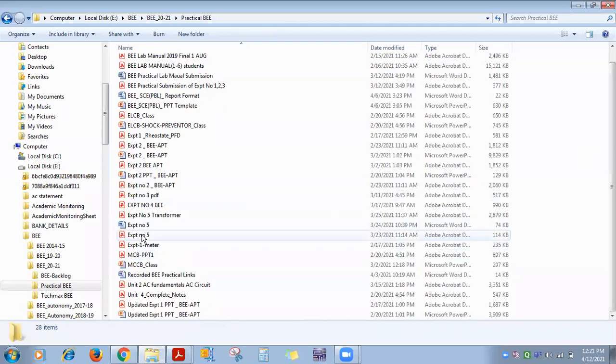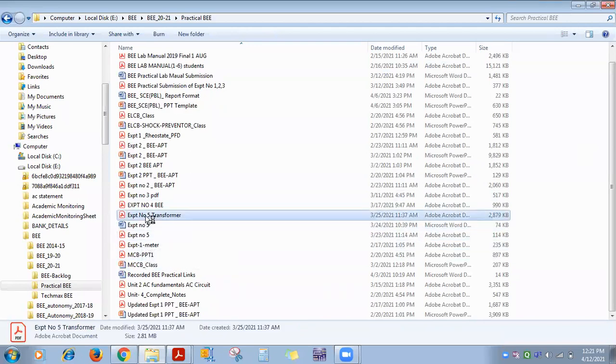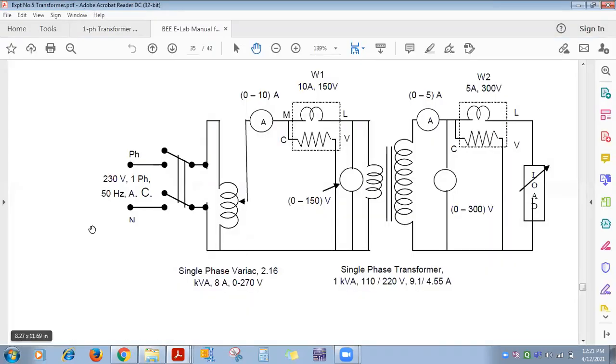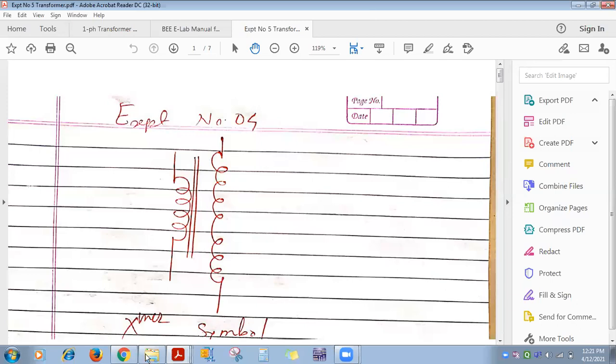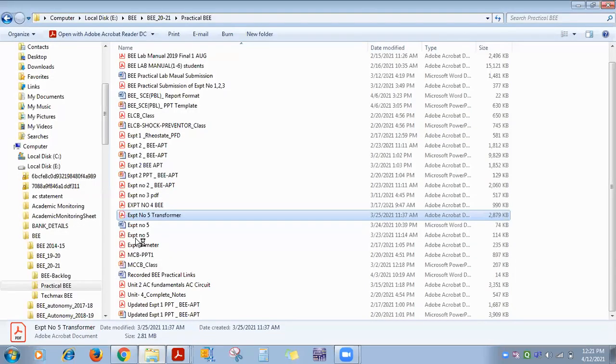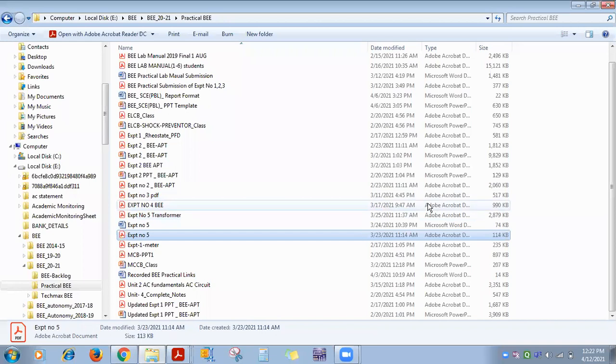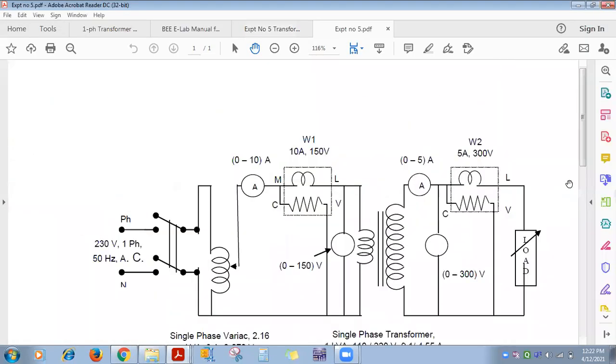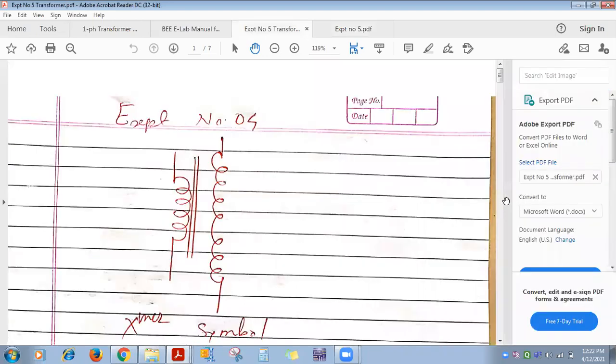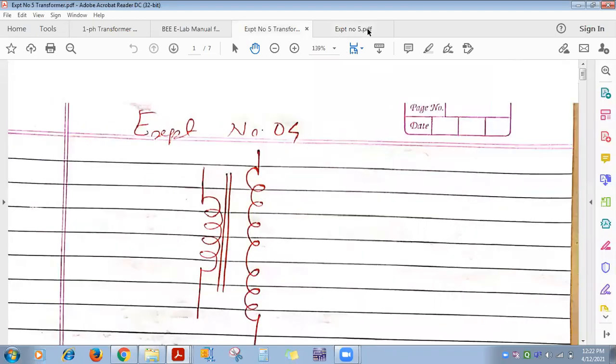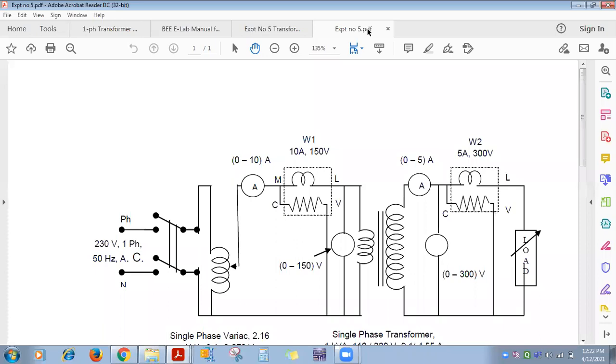Experiment number 5 it was, right? Transformer. Okay, so direct loading method.